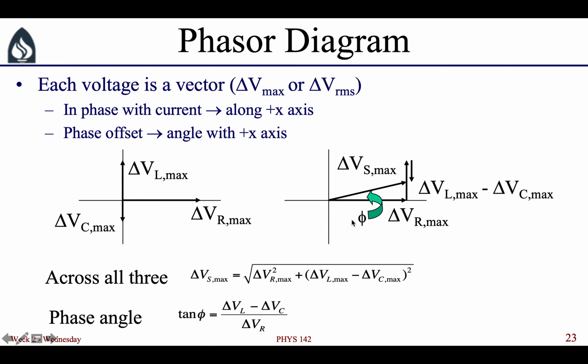So phi is called the phase angle, and that gives us the delay, or the phase difference, between the voltage across the power supply and the current in the circuit. We would find this phase angle just by looking at this triangle. The tangent of this angle would be opposite, which is the difference between these two quantities, divided by adjacent, which is the voltage across the resistor.